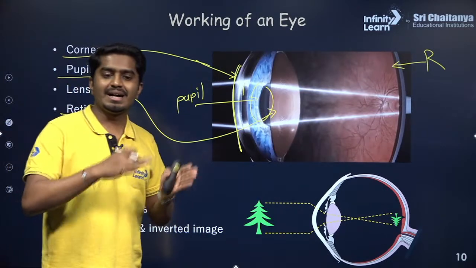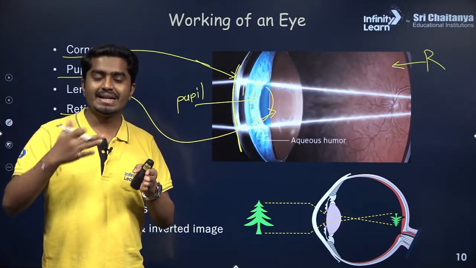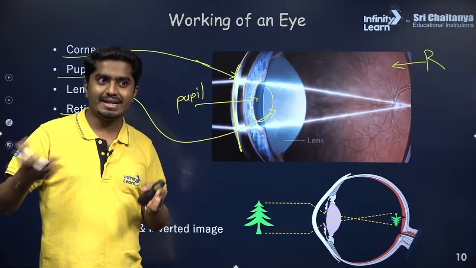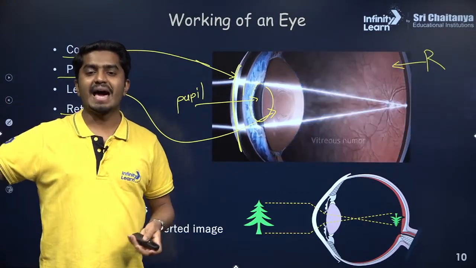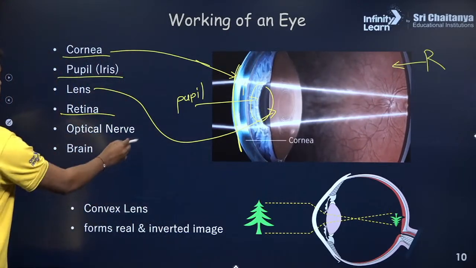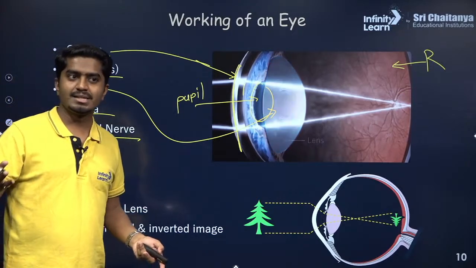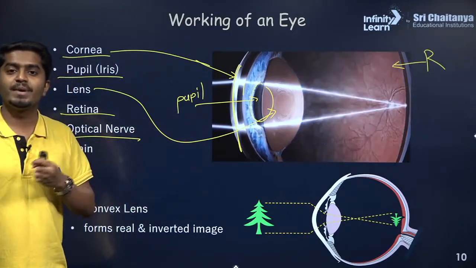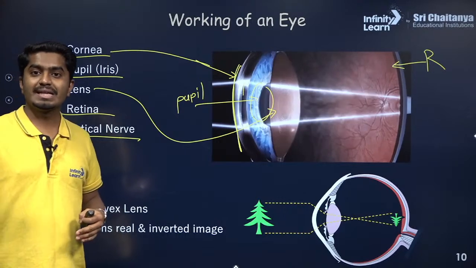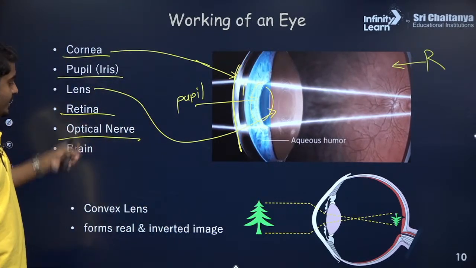On the retina, the light signal gets converted into an electrical signal. That electrical signal is carried by the optical nerve. After that, there is the brain. The brain interprets whatever information is received and we can see the object, correct? So that is the working of the eye.